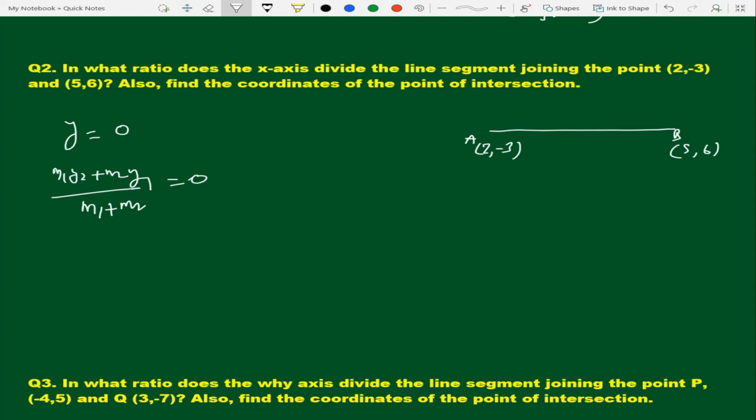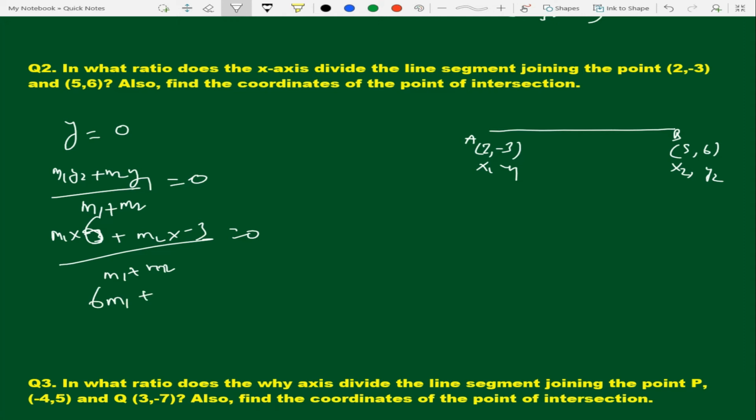Now this is x1, y1 and this is x2, y2. So value of y2 is 6 and y1 is -3. So (6 m1 plus -3 m2) upon (m1 plus m2) equal to 0.